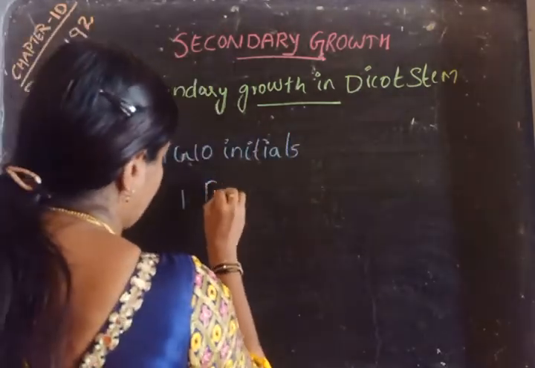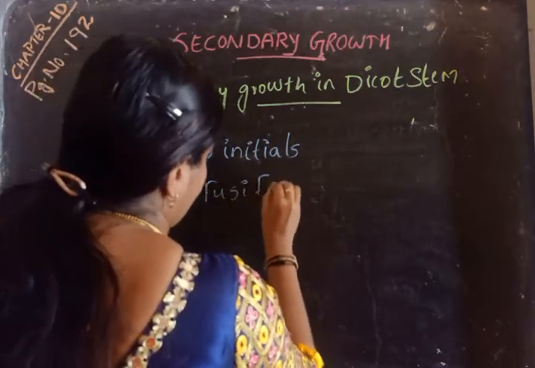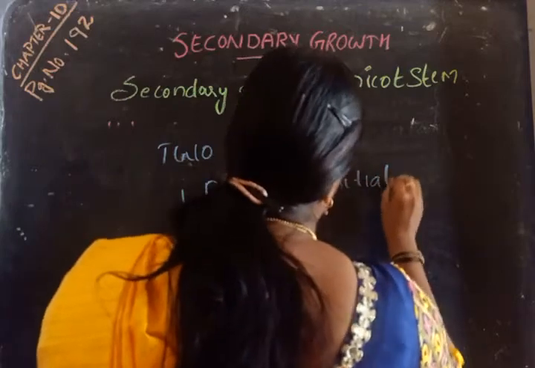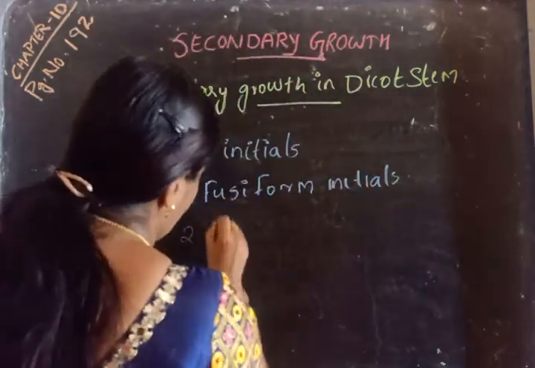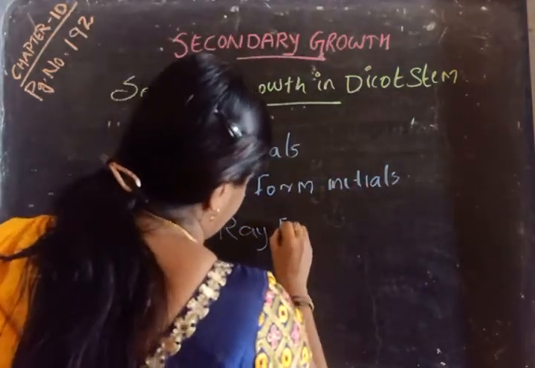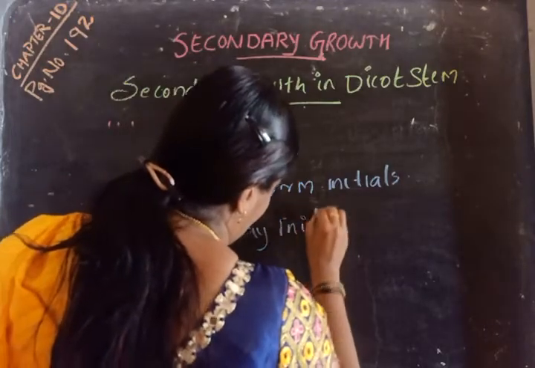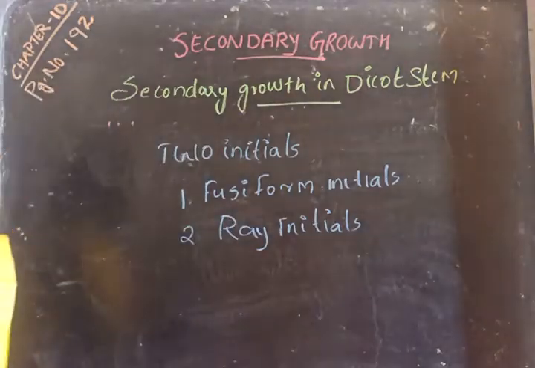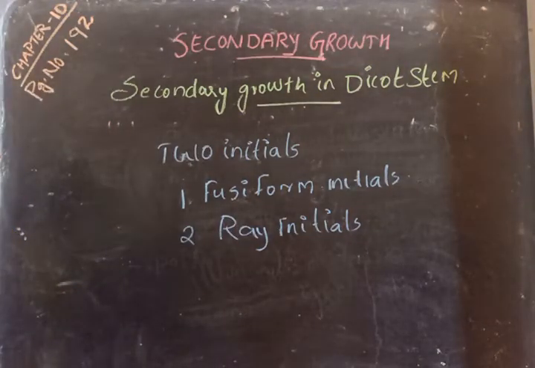First one, fusiform initials. Second one, ray initials. There are two types of initials present in the vascular cambium, that is, fusiform initials and ray initials.